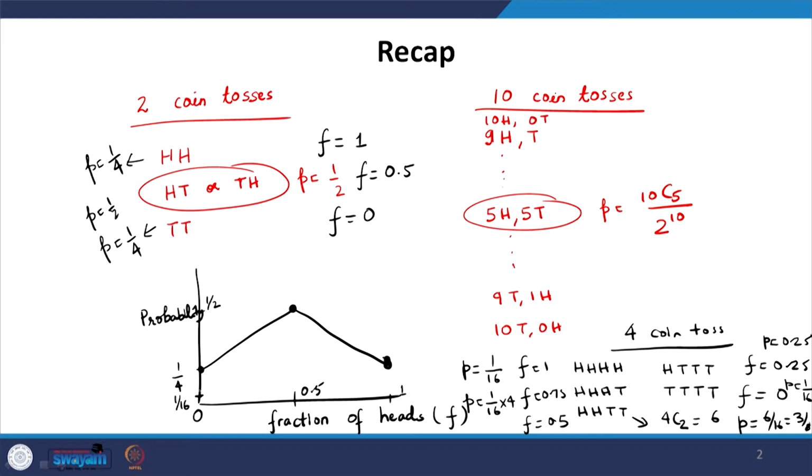Then we have now a possibility of having f equal to 0.25 and f equal to 0.75 as well, and the probability of that to happen is 1 by 4. So, it is somewhere here, and then finally we have 3 by 8th probability of having equal number of head and tail.